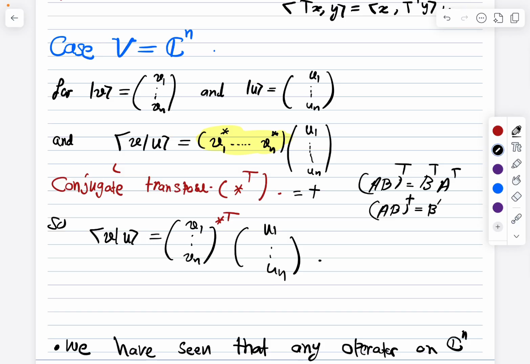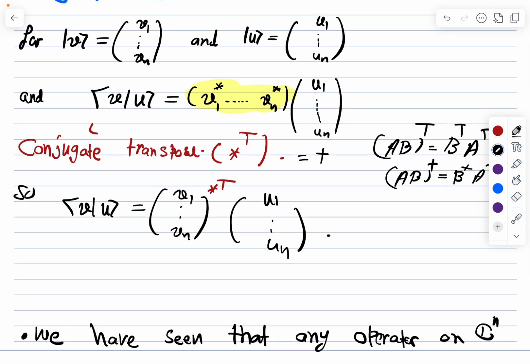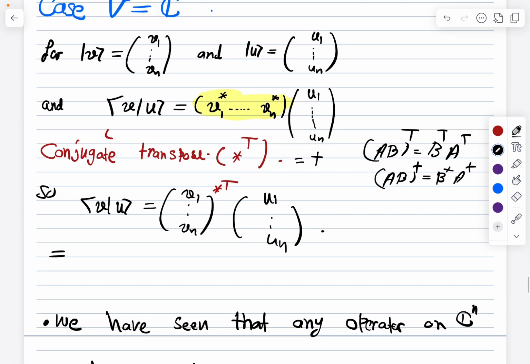So we'll get B dagger and A dagger. And thus the inner product of V and U can be written as taking the dagger of the left-hand side vector, which is V, multiplied by the column vector U on the right. So it can be written as V dagger U.